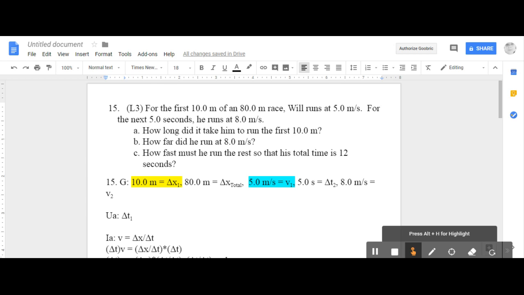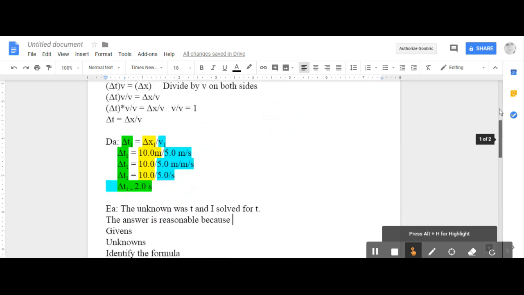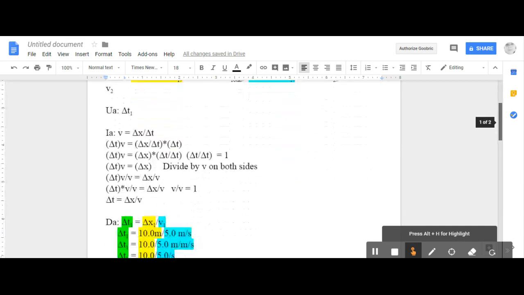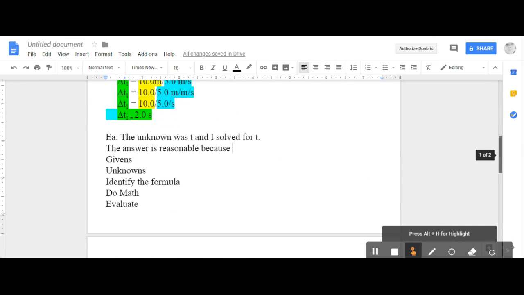So they're literally going from one line to another line on the field, like on the football field or on the soccer field, right? 10 meters and 10 yards are just about equivalent. So does it make sense that could take 2 seconds? Sure, 2 seconds is a reasonable time.